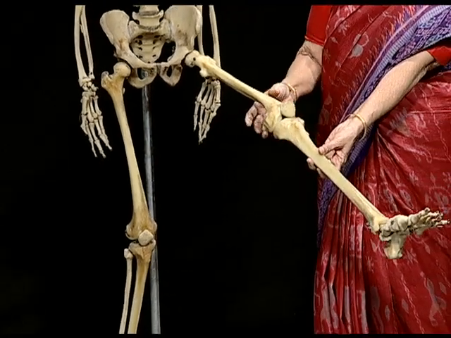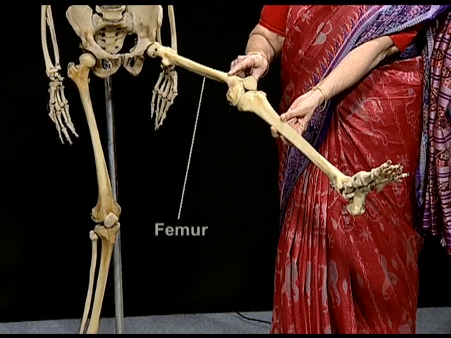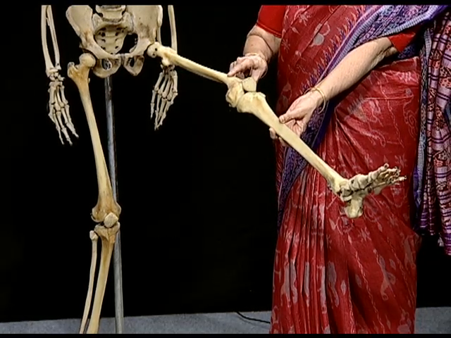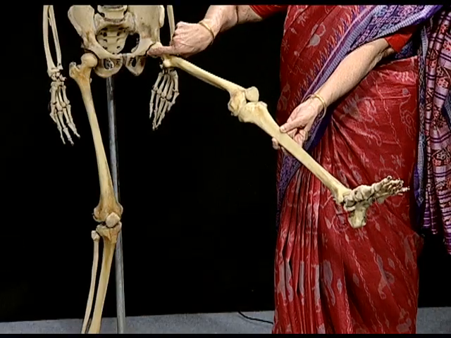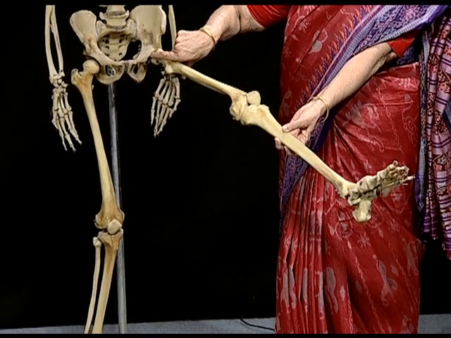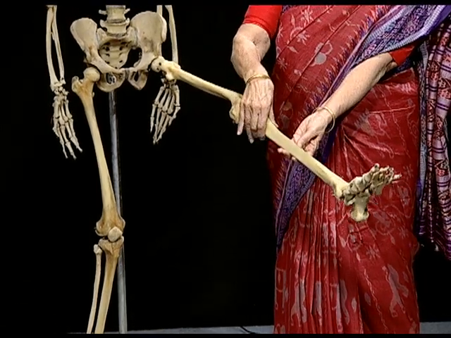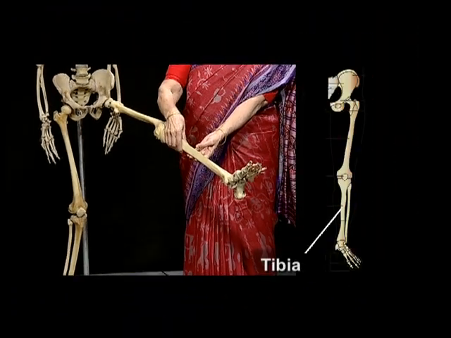This is the leg, this is the femur. Children, you know that leg also has 30 bones. This femur has the head which is fixed in acetabulum cavity of pelvic girdle, which allows the movement. Then knee, and after knee 2 bones, tibia and fibula.